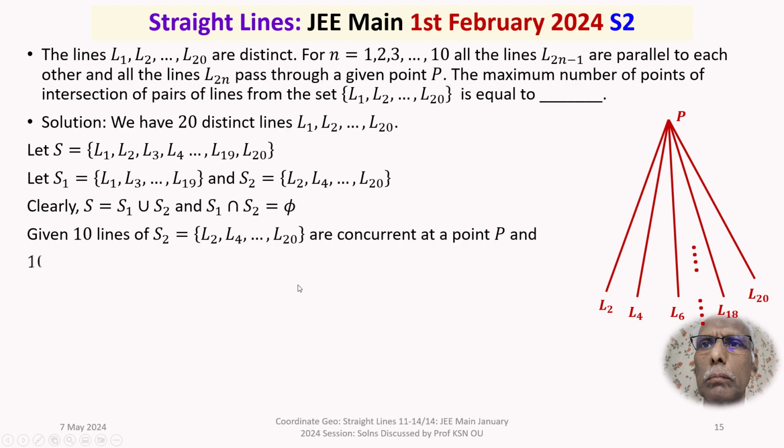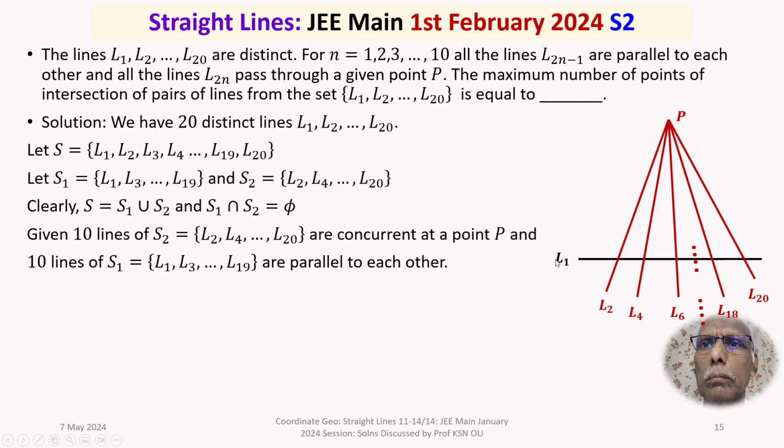Agreed. The 10 lines of S1, L1, L3, ..., L19 are parallel to each other. So no two of them intersect. No two lines of S1 will intersect. They are all parallel.